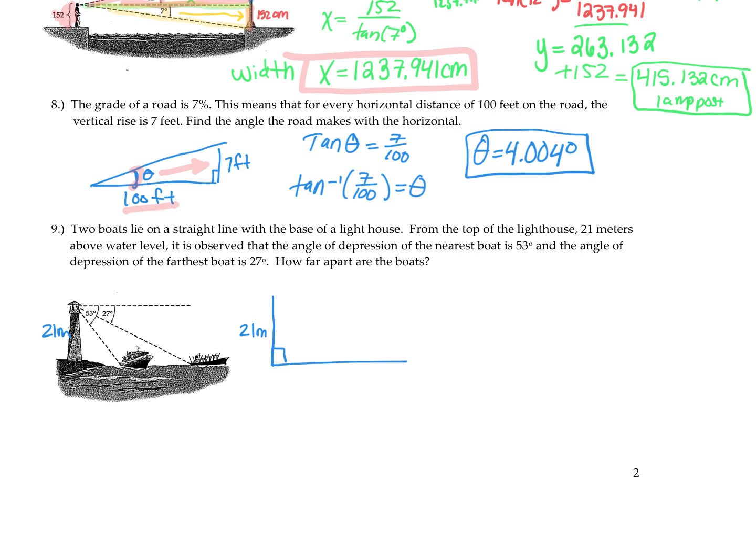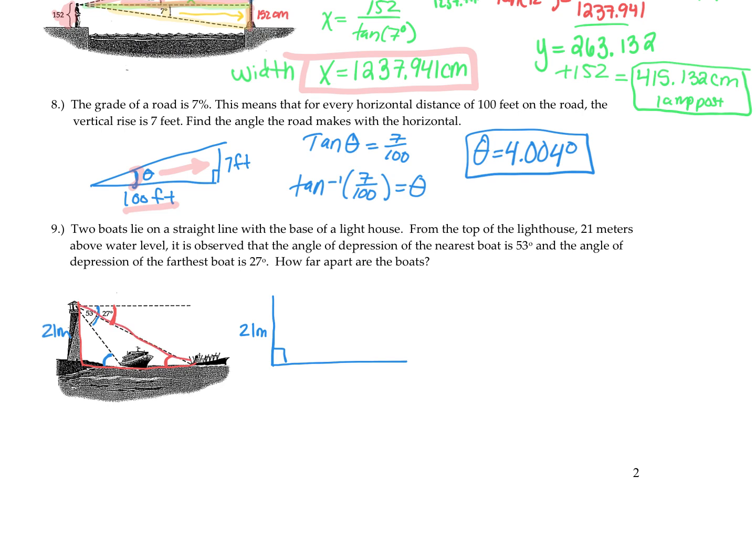The other thing is I can use alternate interior angles to help me. So if this is 53 degrees, that means that this is 53 degrees. And if this is 27 degrees, that means this is 27 degrees. So I'm going to redraw my picture with my triangle like this.